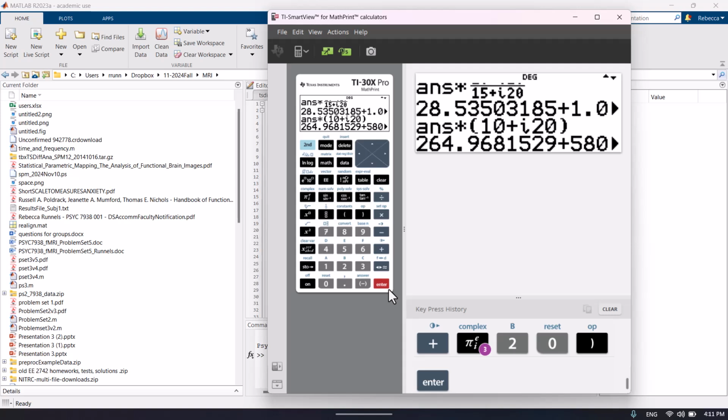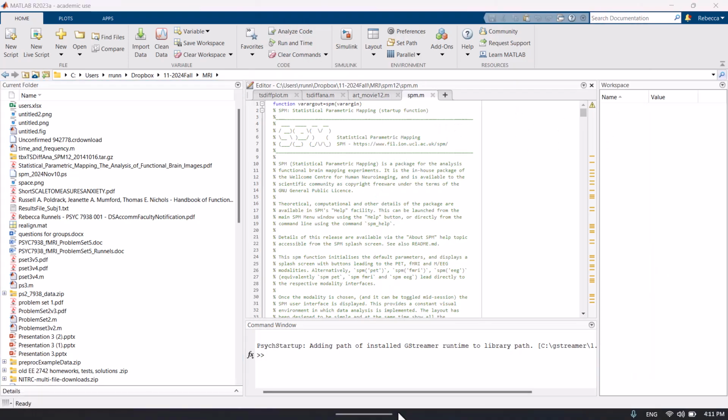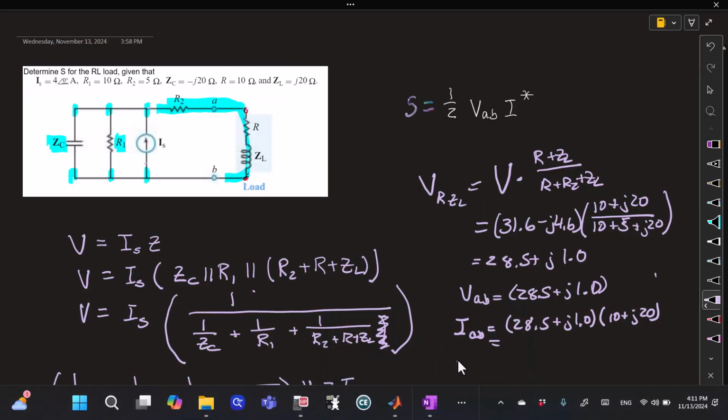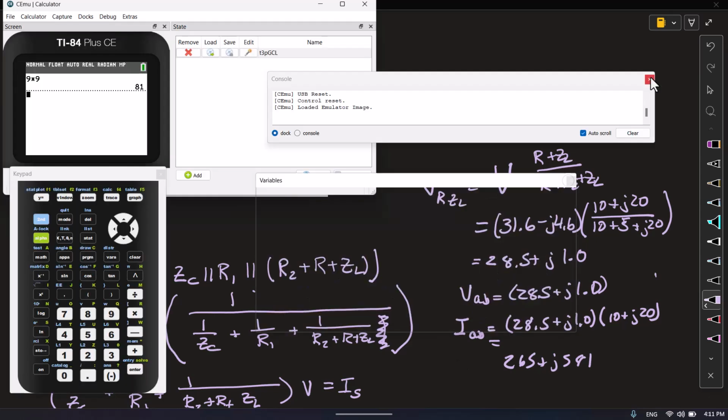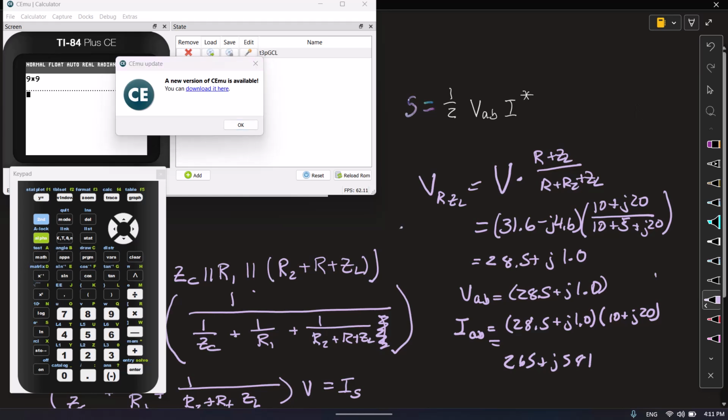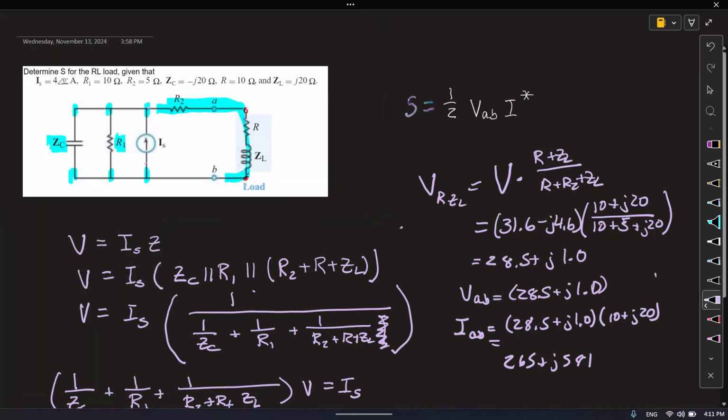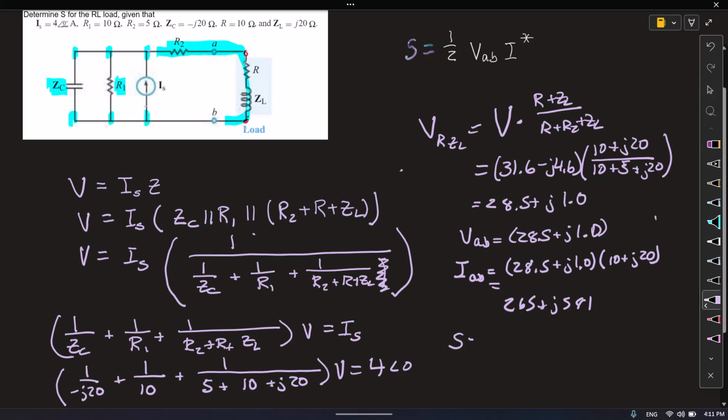So that's my current, 265 plus J581. And so my power will be 1/2 times VAB, which is 28.5 minus J4.6, times I conjugate, which is 265 minus J581.